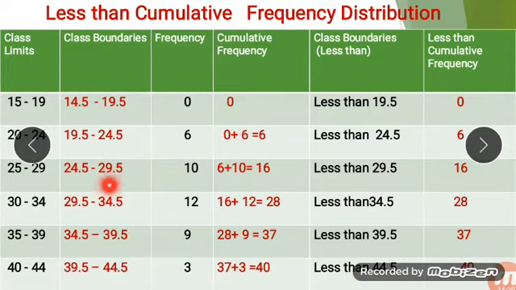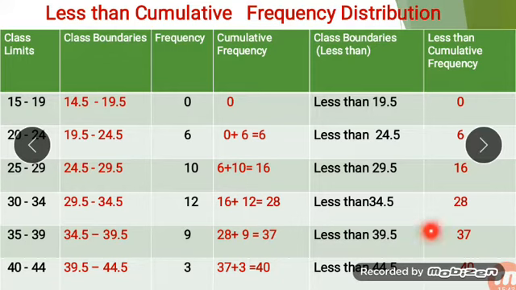Now we find less than 29.5. How many students are with weight less than 29.5? 10 plus 6, that is 16. Less than 34.5, how many? 12 plus 16, so it will be 28.